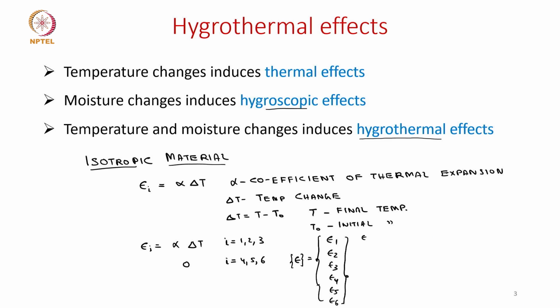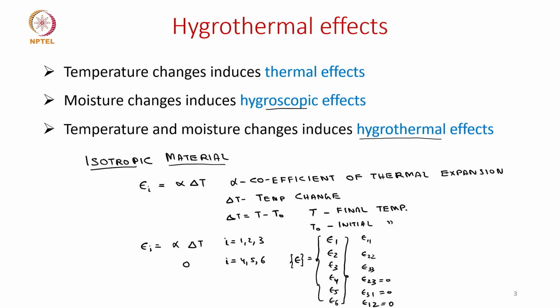So these are epsilon 11, epsilon 22, epsilon 33. But the last three are the shear strains, which are epsilon 23, epsilon 31, and epsilon 12. So we are saying that in the case of an isotropic material, the shear strains go to 0, but the normal strains are the ones which are non-zero.